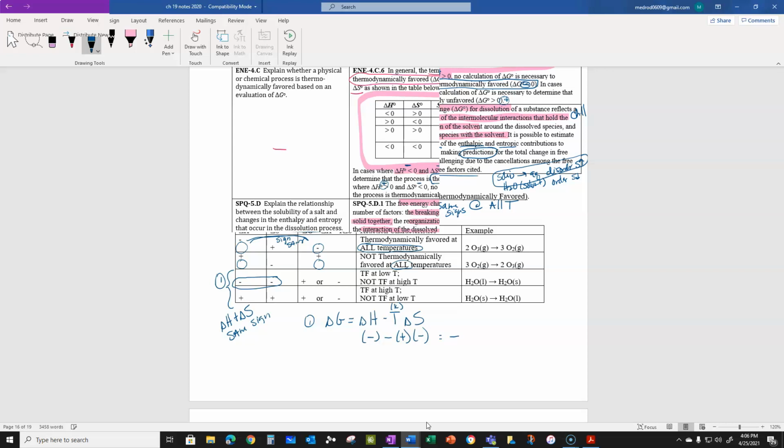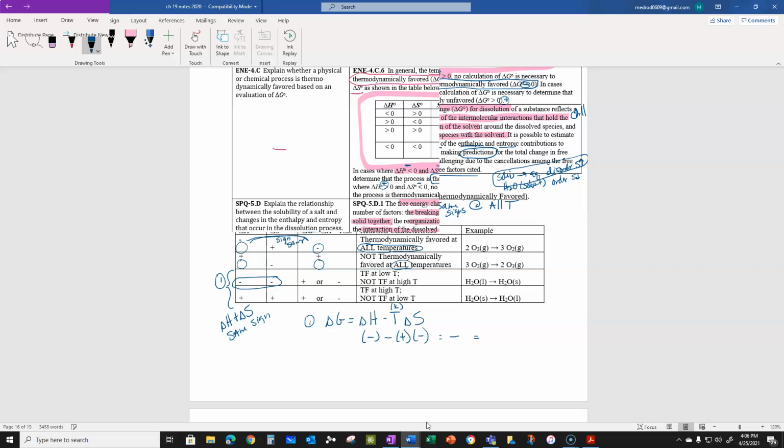And what's going to happen when you have that negative minus a negative number? Well, it's going to become a little positive. So now this part right here, the negative minus the negative, it will be thermodynamically favored if it's at low temperatures. So if we want thermodynamically favored, depending on what this H is, because that's the hard part.